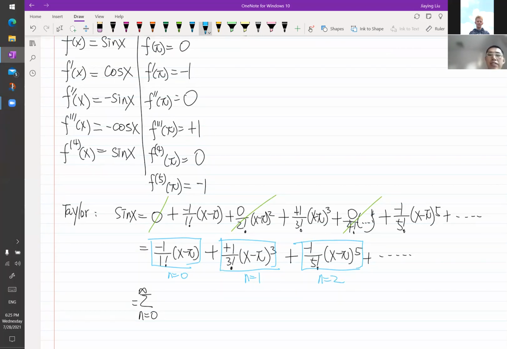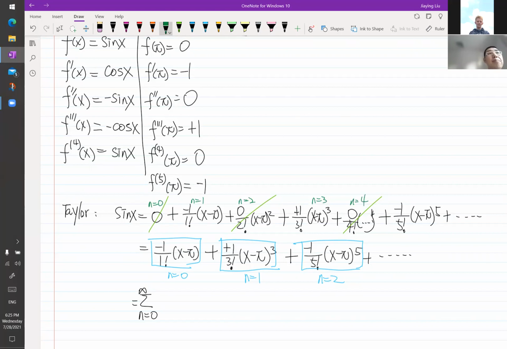So it's not exactly as the series we had before. In the expanded series, if we just follow the definition of Taylor series, this is n equals 0, this is n equals 1, this is n equals 2, n equals 3, n equals 4.